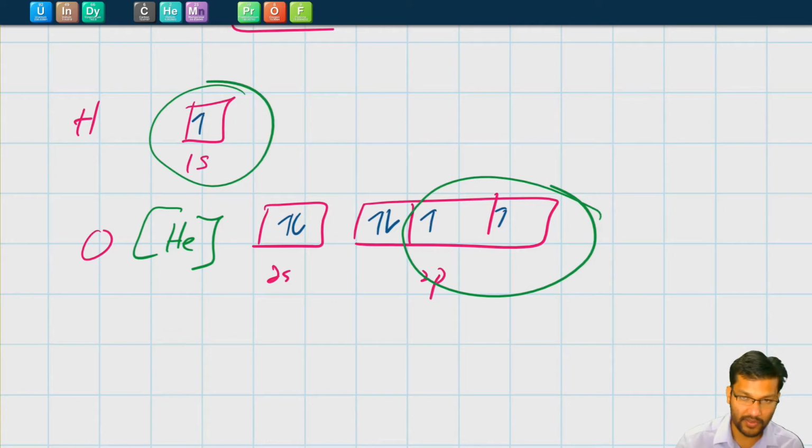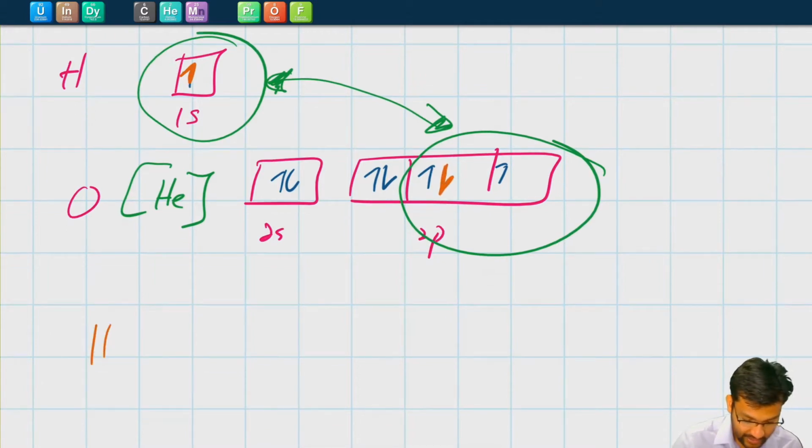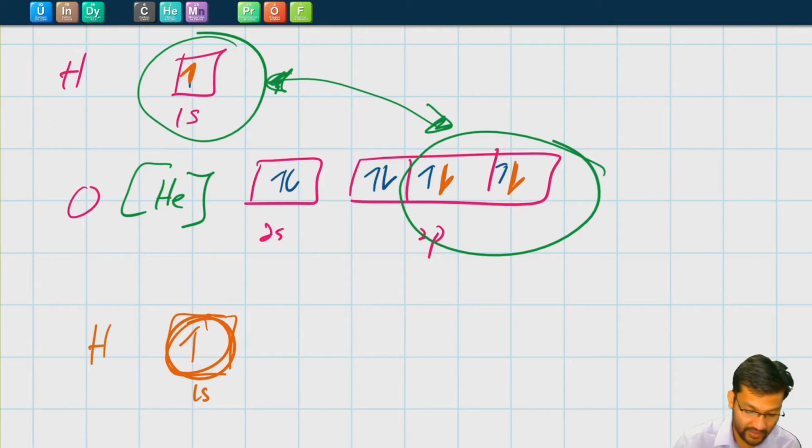Remember, electrons always want to be paired up as much as possible. So when they form bonds, they're going to be interacting with their half-filled orbital. So this electron would pair up with maybe that electron over there. And then if you have a second hydrogen with another one electron sitting by itself, that electron would pair up with this other electron over here.